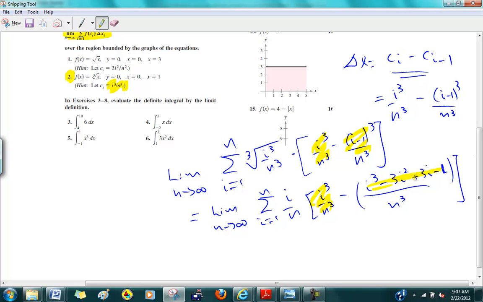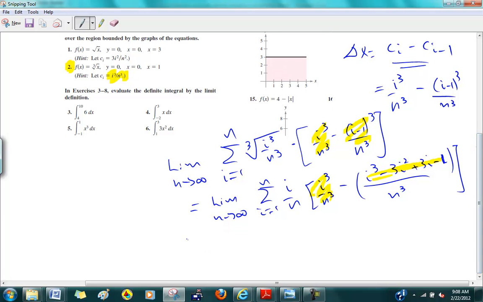Okay? So now we're going to do our algebra here. So let's go ahead and do our algebra. Yeah, that's the algebra I'm talking about. So limit as n goes to infinity. I can take n cubed and n cubed and n, so that's n to the 4th. Sigma i equals 1 to n, and I've got i, and I've got i cubed minus i cubed plus 3i squared minus 3i plus 1.